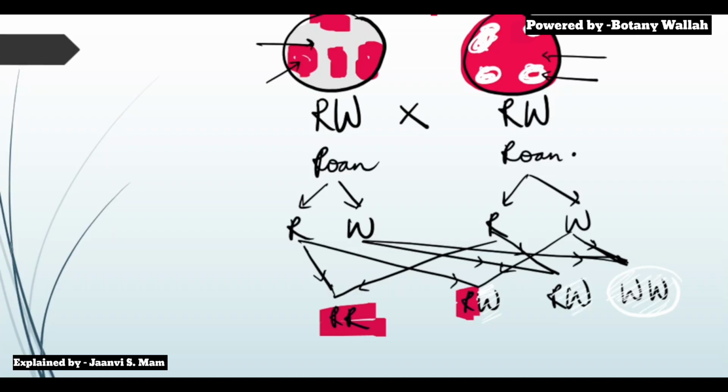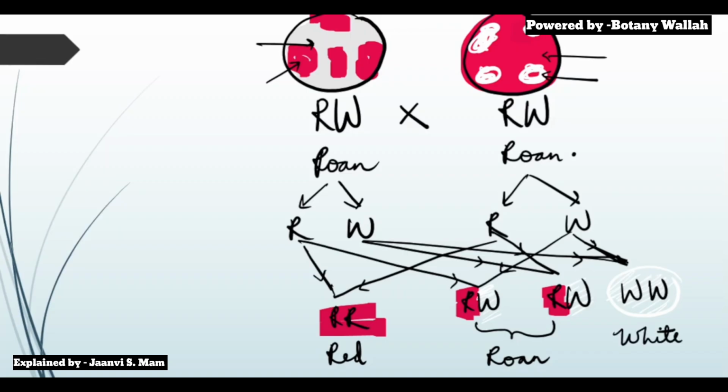So this will have red coat color, these two will have roan coat color, and this will have a white coat color.